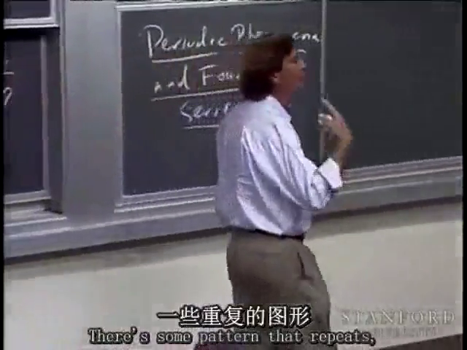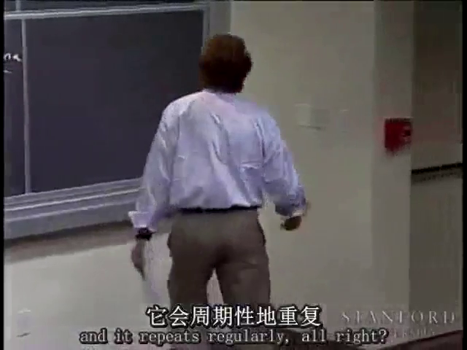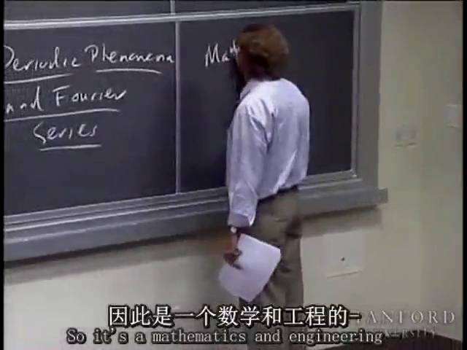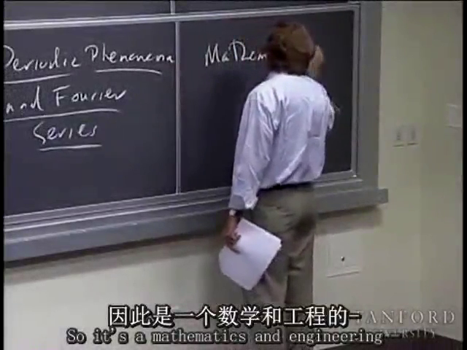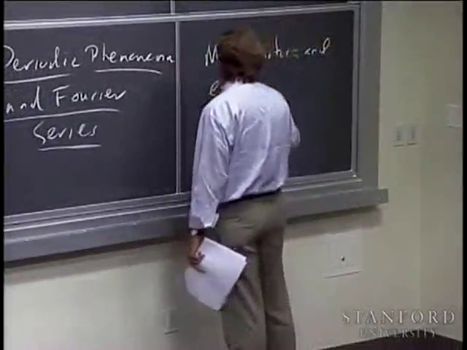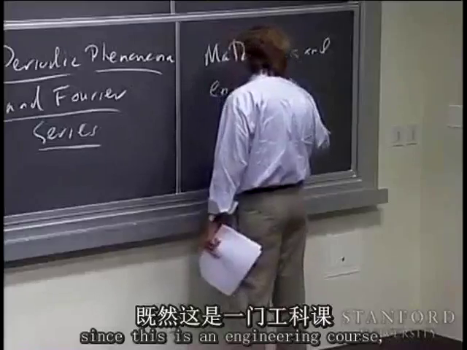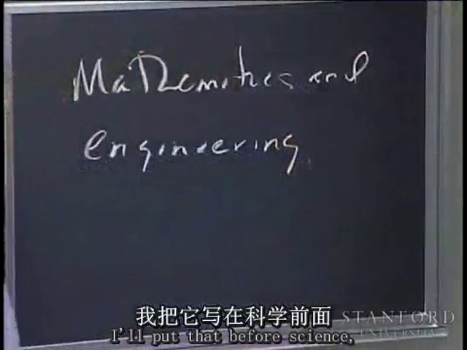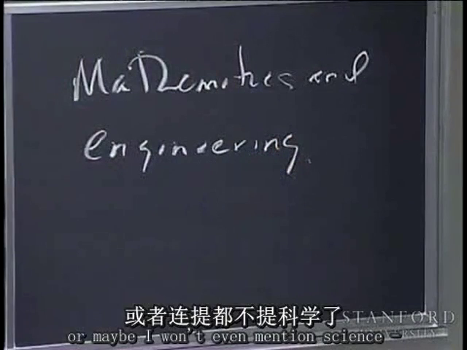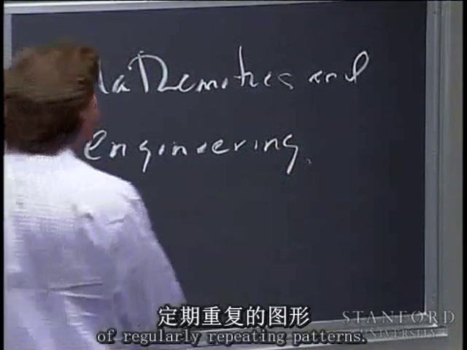There's some pattern that repeats, and it repeats regularly. So it's the mathematics and engineering of regularly repeating patterns. Since this is an engineering course, I'll put that before science.